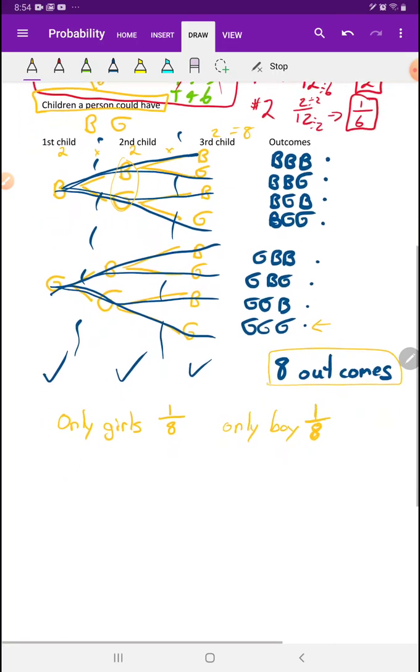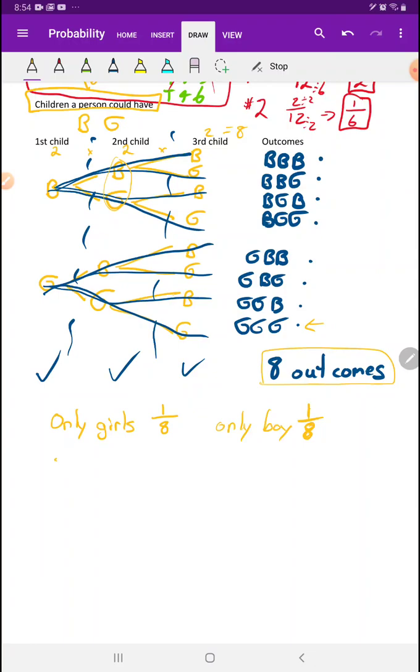Okay? Now, what is the possibility of having 2 girls? Well, this gets a little more complicated now. Because if we look through, there's 2 girls right here. There's 2 girls right here. Doesn't matter what order, because I didn't say what's the possibility of having 2 girls before you have a boy. I just said what's the possibility of having 2 girls, period. So we look through every place where there's 2 girl options.